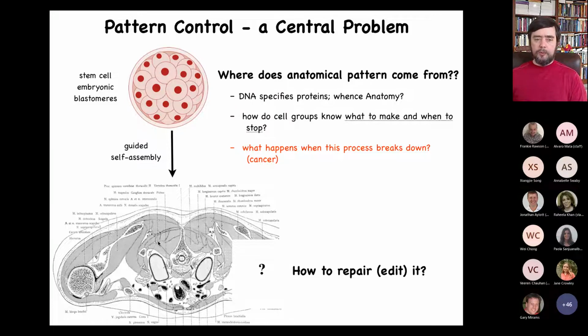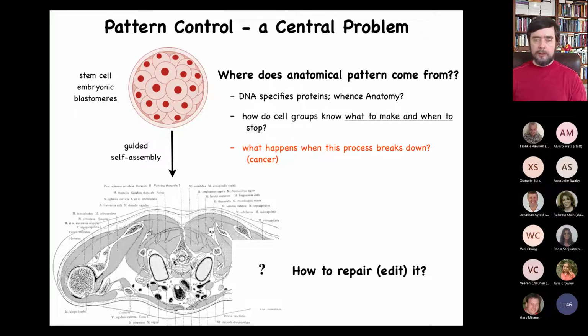Now, people are often tempted to say it's in the DNA, but of course we can read genomes now, and we know that there's nothing directly about any of this in the genome. What the genome actually gives you is descriptions of the micro-level hardware that every cell gets to have, so the proteins. And so we really need to understand, how do these cells know what to make using that molecular hardware? How do they know what large-scale structures to make? How do they know when to stop?